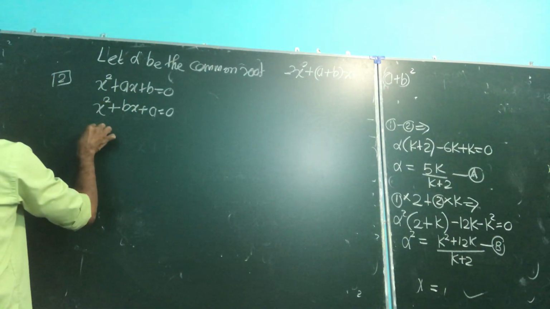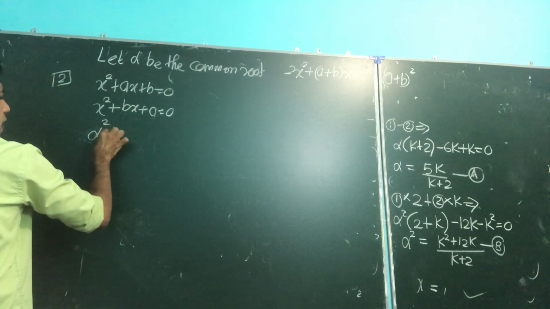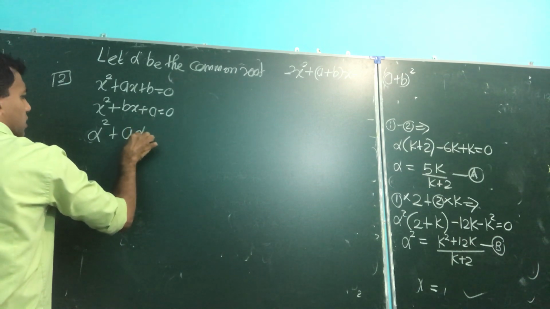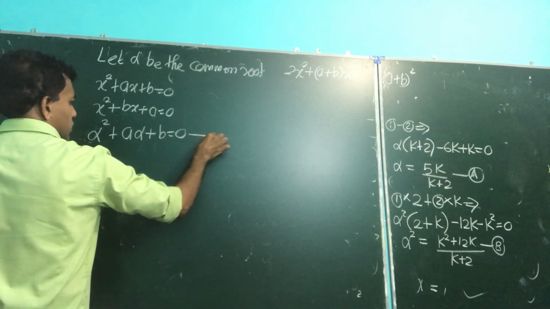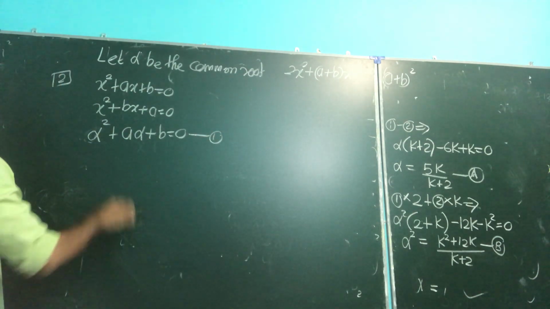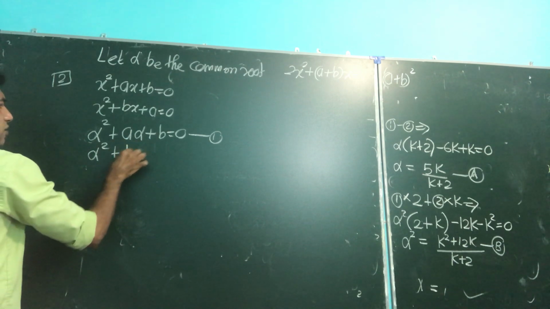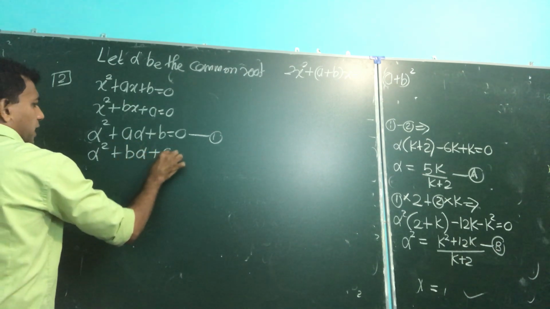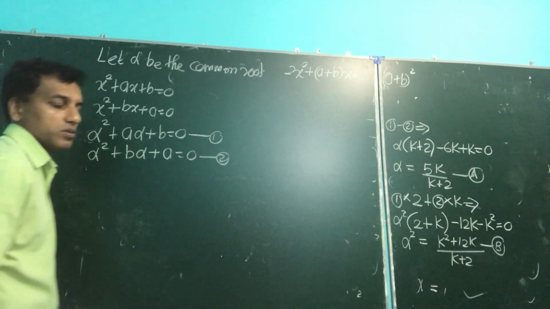Put x for alpha: alpha square plus a alpha plus b equal to 0. Say first equation. You also put x for alpha: alpha square plus b alpha plus a equal to 0. Second equation.